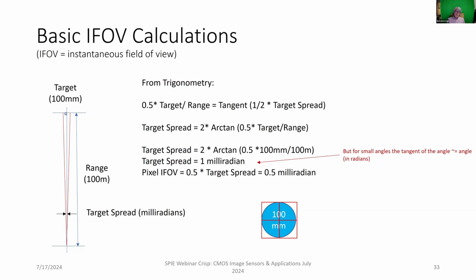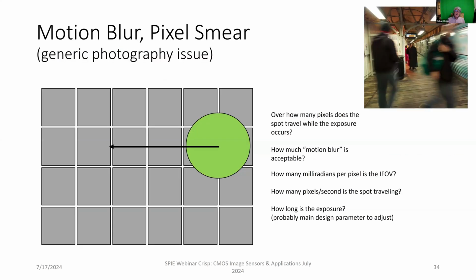Then if you're concerned about motion blur and pixel smear, you've got the shutter open, and the spot's moving. Over how many pixels will you allow it to travel while the shutter's open to smear the image? You figure that out by determining how many milliradians per pixel is the IFOV, and then how many pixels or milliradians per second the target is traveling that you care about.